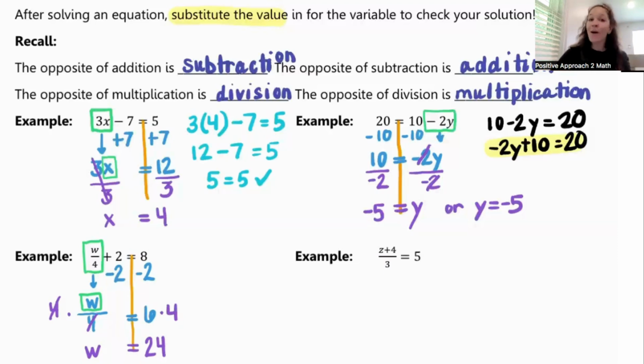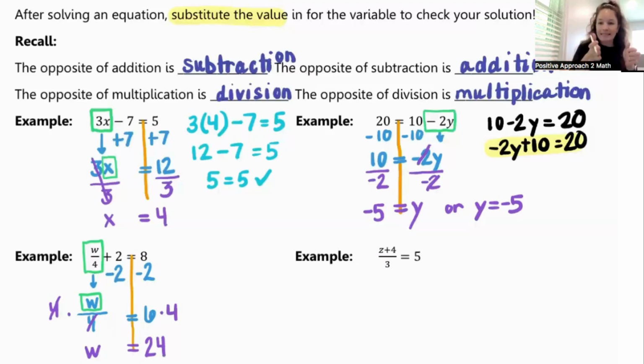Okay, and now last but not least, this is the one scenario that we're going to see where we're not going to work in the backwards or the opposite order of PEMDAS, okay? So look at this fraction in this example and compare it to the fraction that we just dealt with.